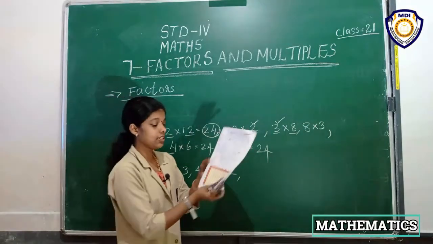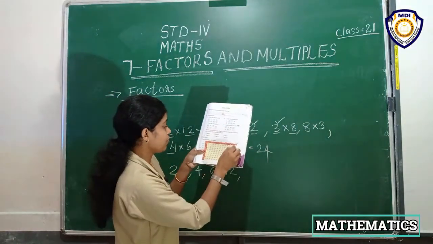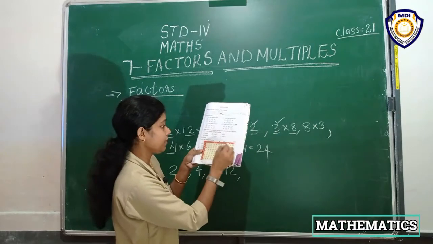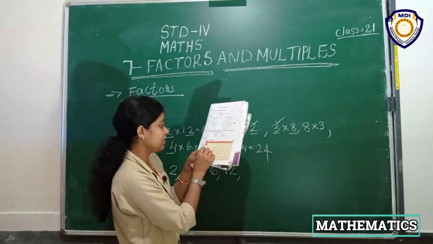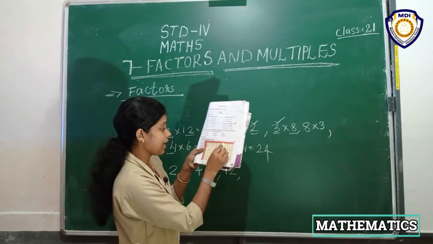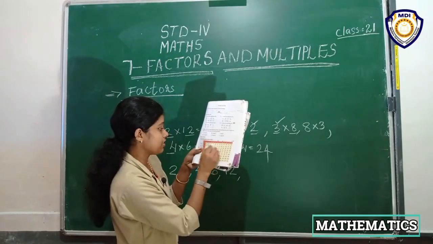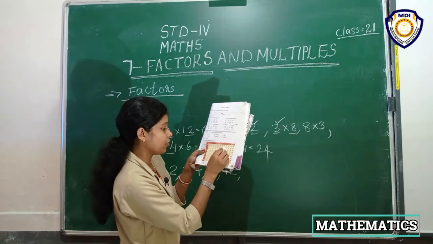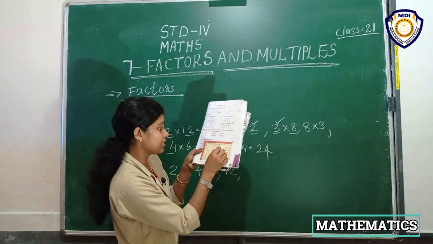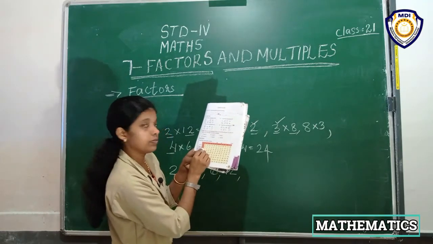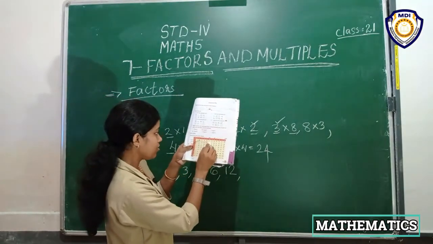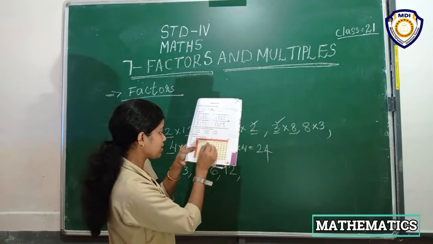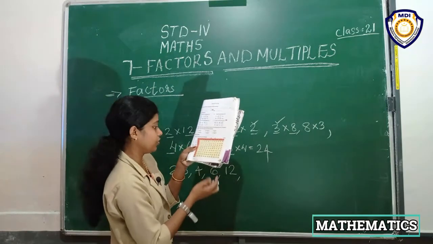Okay, listen here. Here 24. 2 into 12 we get the answer 24. Circle the 24 here. Then here 3 into 8, 3 8s are 24. Then here circle the 24. Then 4 into 6, 4 6s are 24.